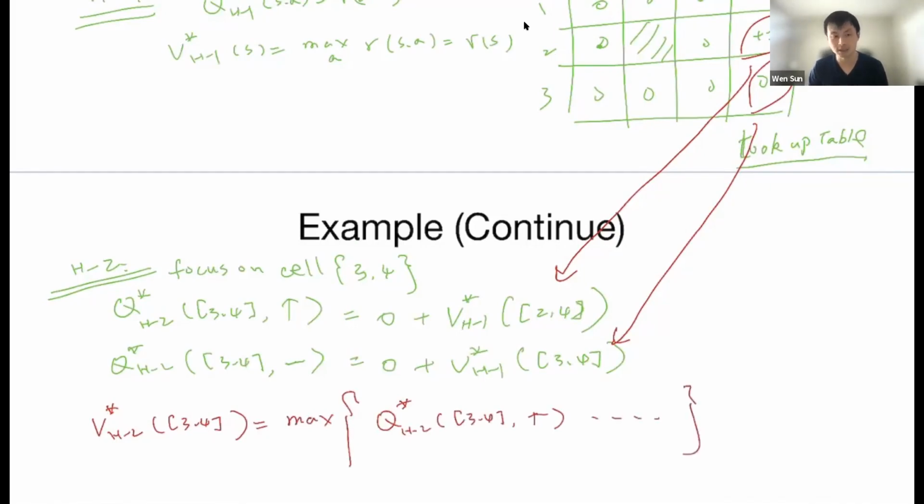So the basic process is that we compute some lookup table at this particular time step, and now we move to the previous time step and use the lookup table that we just computed to compute the current lookup table. This is exactly how dynamic programming works.